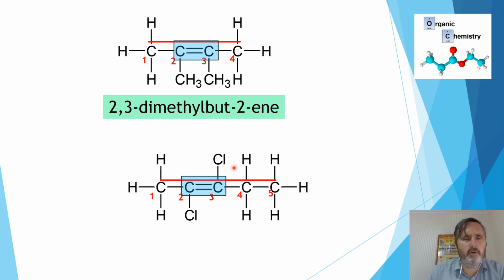All that we have to name now are these two special groups that come off. They are chloro groups, so they are 2,3-dichloropent-2-ene. However, the last thing is because this has a double bond, first requirement of stereoisomers or geometric isomers, and each carbon, the carbon on each side of the double bond has two different groups, a chloro and a methyl.